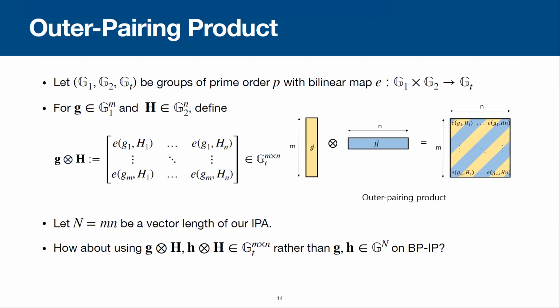This is a kind of canonical product. And let large N be M times n, the vector length of our IPA. Then how about using G tensor H, H tensor large H, rather than G, H, which is N group elements, in BPIP.